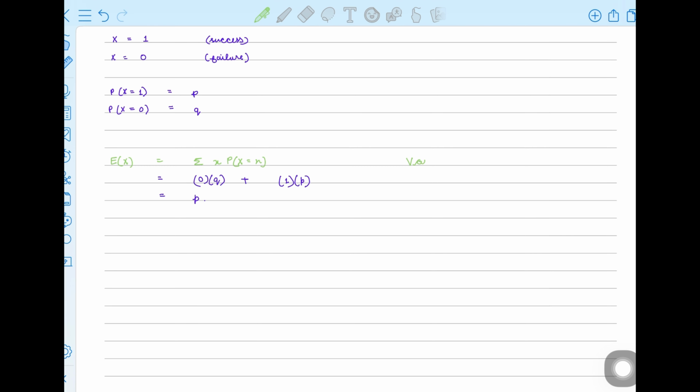The variance of x is equal to expectation of x squared minus expectation of x whole squared. The expectation of x squared is equal to p.